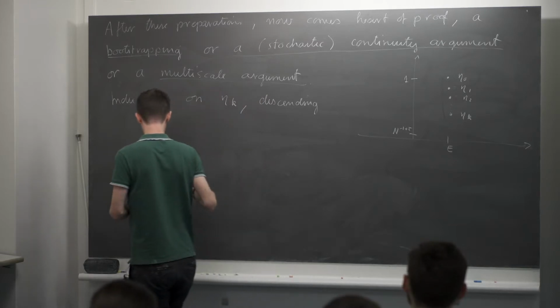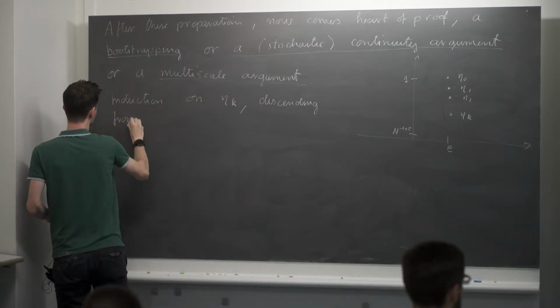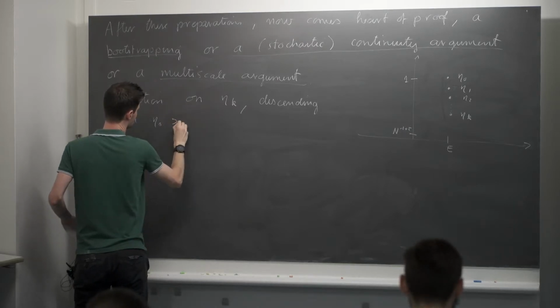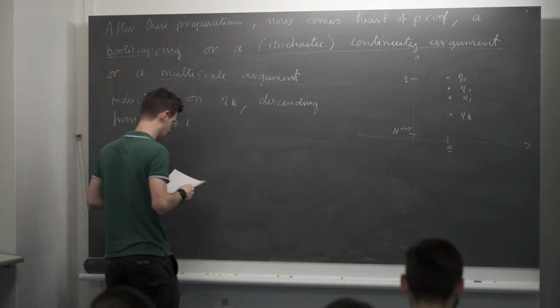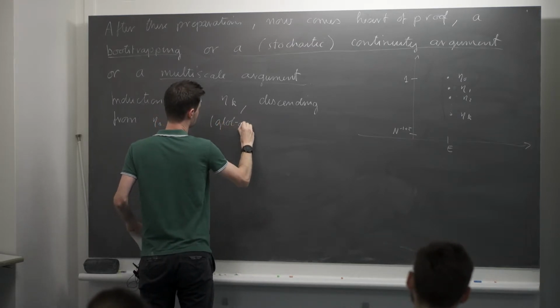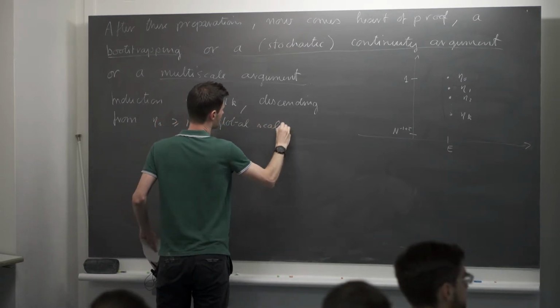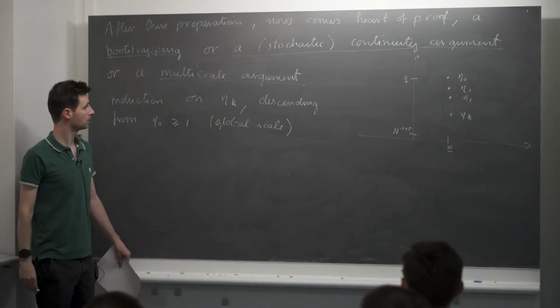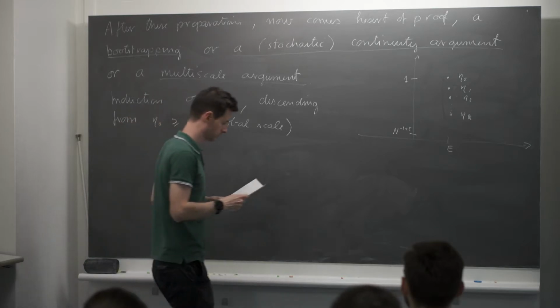It's descending from, let's say, eta greater than or equal to 1. So this is global scale. If you recall the spectral scales, eta greater than or equal to 1, or eta equals 1, is the global scale.